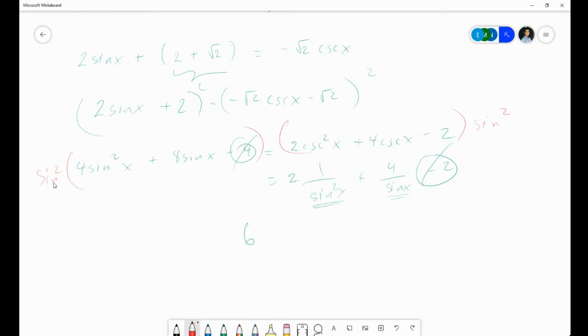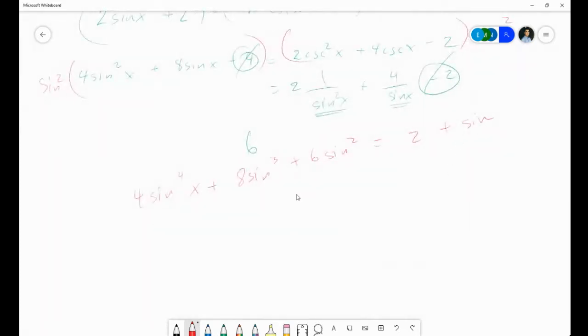So if I do that, I'm going to have, let's see, 4 sine to the 4th plus 8 sine cubed plus 6 sine square. And here I just have 2 plus sine. All right, so let's bring everything to one side.